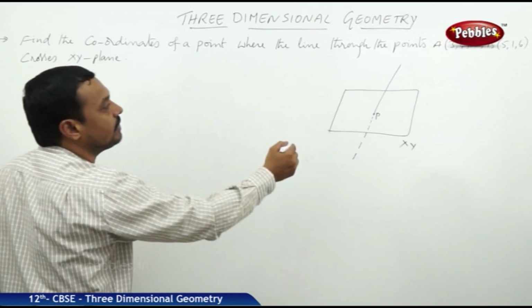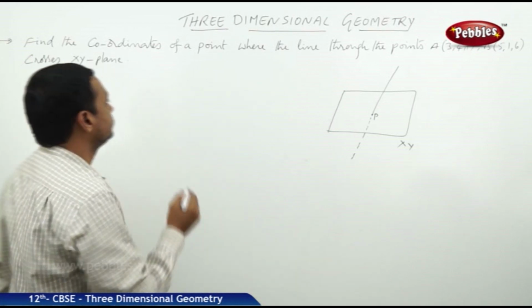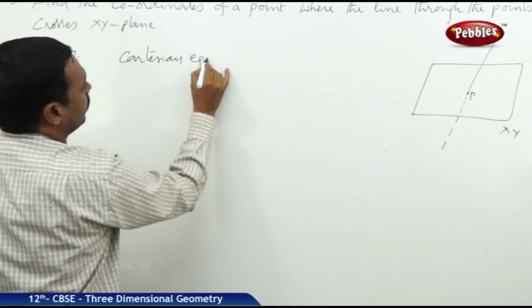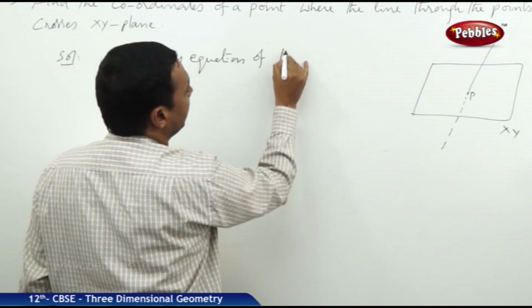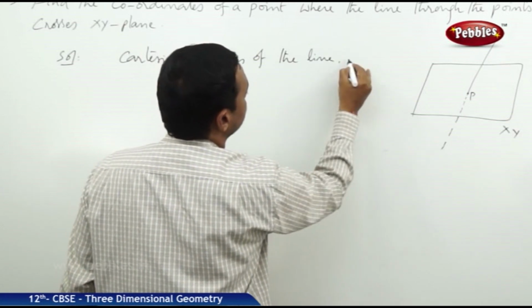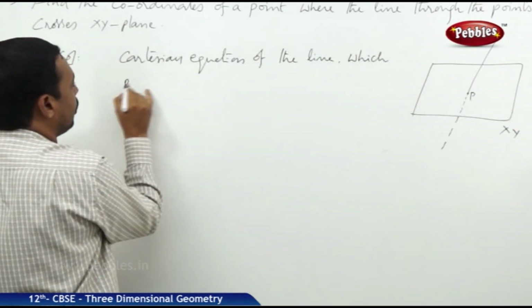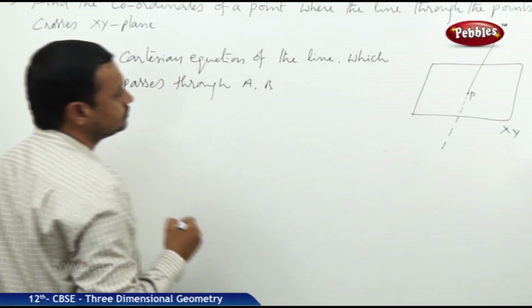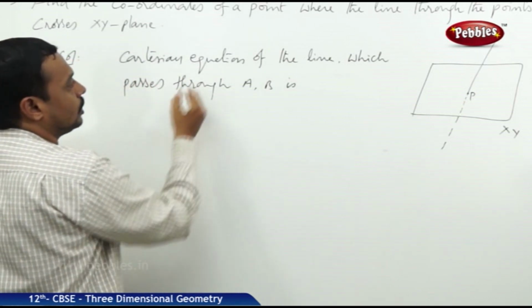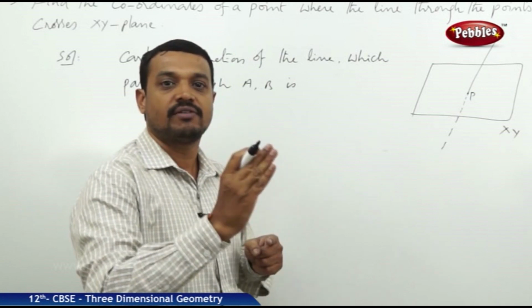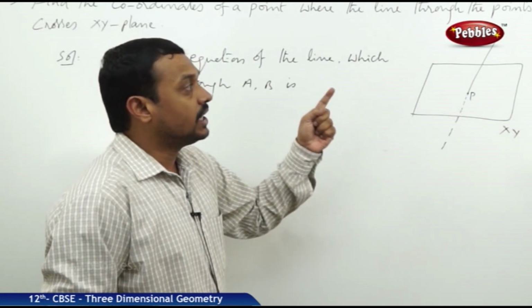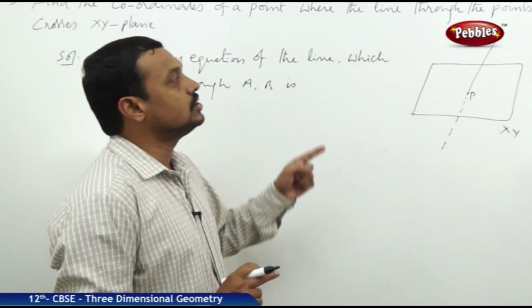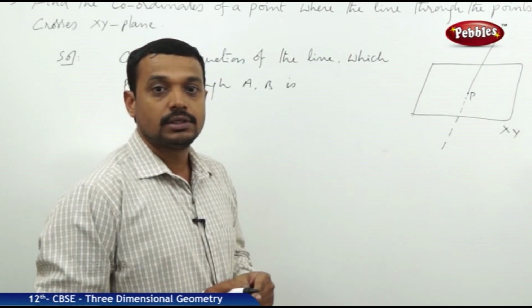Now, let us find the equation of the line which passes through A and B. The Cartesian equation of a line that passes through two given points (x1, y1, z1) and (x2, y2, z2) is given by (x minus x1)/(x2 minus x1) equals (y minus y1)/(y2 minus y1) equals (z minus z1)/(z2 minus z1).